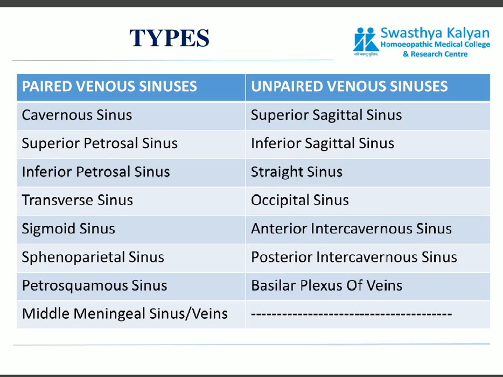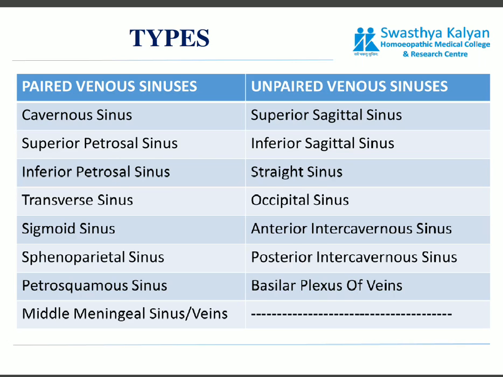Next is superior petrosal sinus, then the inferior petrosal sinus, transverse sinus, sigmoid sinus, sphenoparietal sinus, petrosquamous sinus, middle meningeal sinus. These are the paired sinuses.